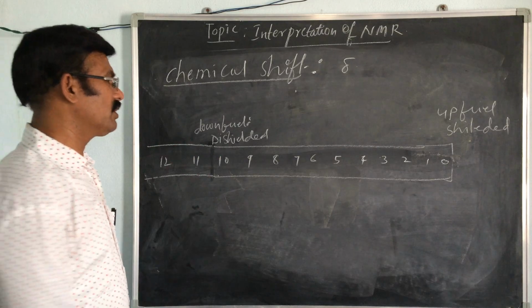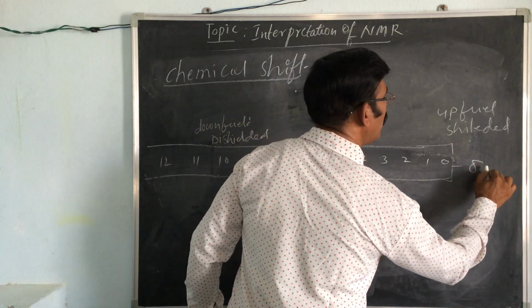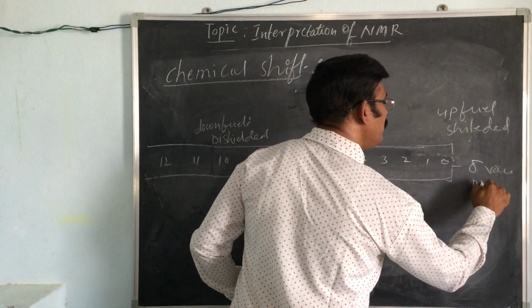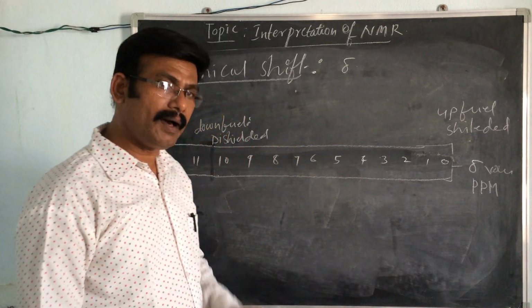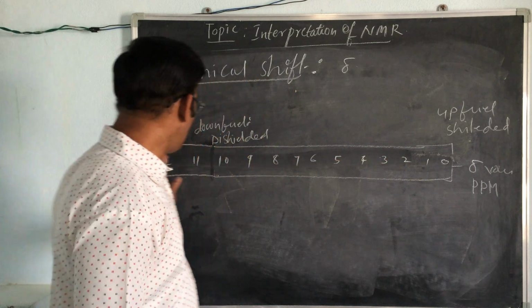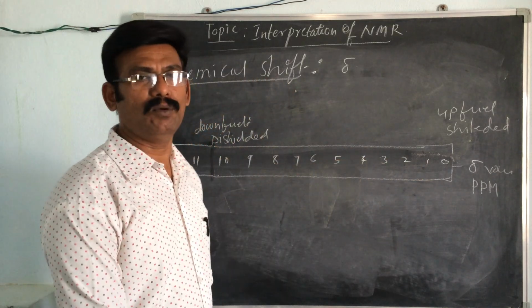So what is this number? These are the delta values. What is the unit? ppm, parts per million. So here 1, 2, 3 up to 12 is the delta value of all organic compounds.